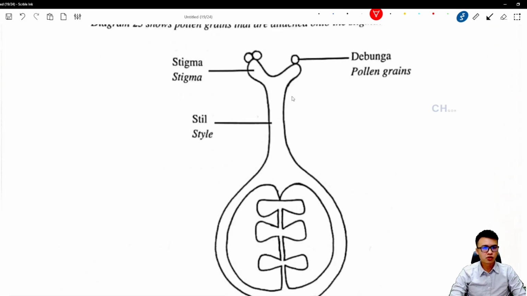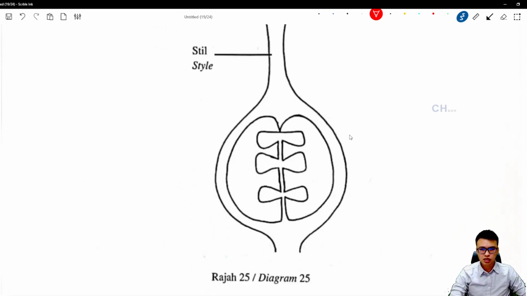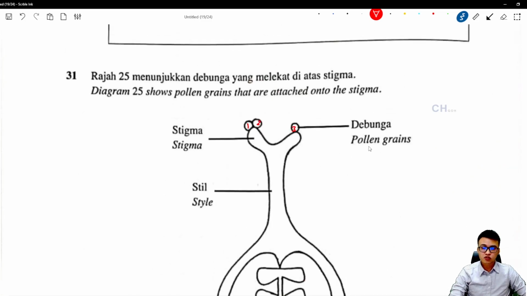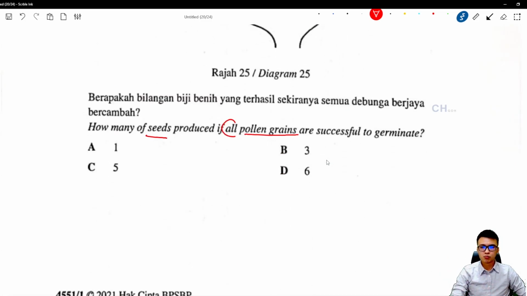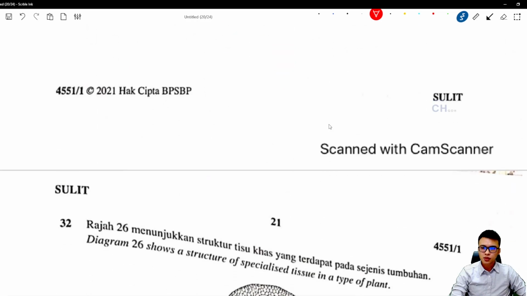We have 1, 2, 3 pollen grains, and here we have 6 ovules. We only have 3 pollen grains. That means they can only fertilize 3 ovules, and eventually they will develop into seeds. So maximum 3 seeds will be produced. Okay, answer is B.